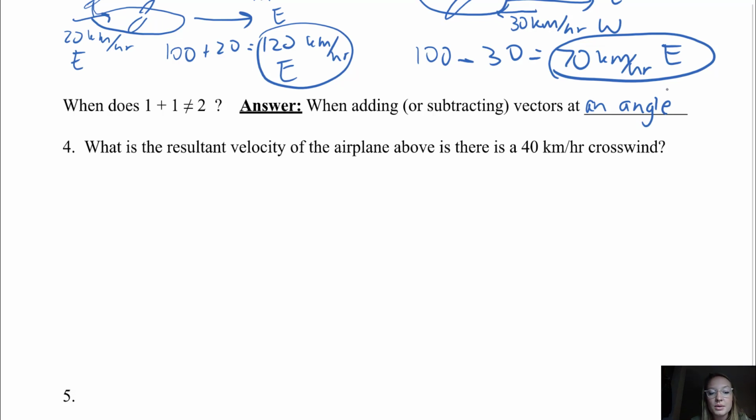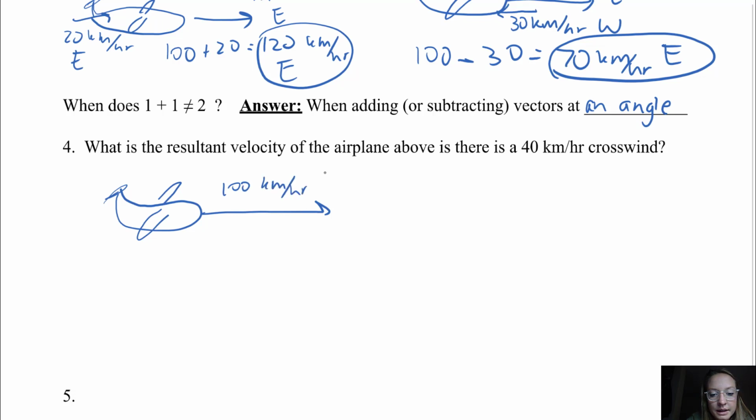So let's look at this example. What is the resultant velocity of that same airplane above if there was a 40 kilometer per hour crosswind? Well, let's find out, good friends. So we're going to start by drawing our airplane again. Okay, there's our airplane. It's going 100 kilometers per hour east.